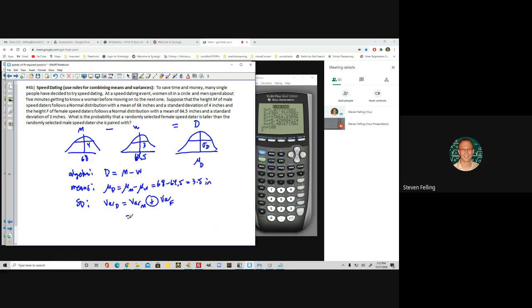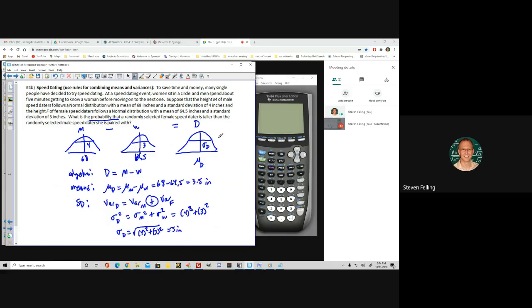So that would be that standard deviation squared for the difference is equal to the standard deviation squared of the men plus the standard deviation squared of the women, right? Which is going to be 4 squared plus 3 squared. And therefore, the standard deviation here is the square root of 4 squared plus 3 squared, which turns out to be 5 inches.